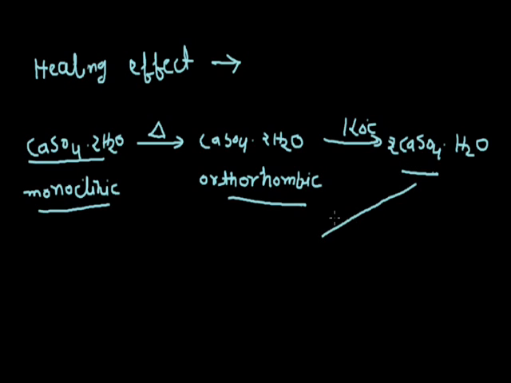Now, further heating of plaster of Paris above 200 degrees centigrade makes it anhydrous calcium sulfate, that is CaSO4. It is also called dead burnt plaster.